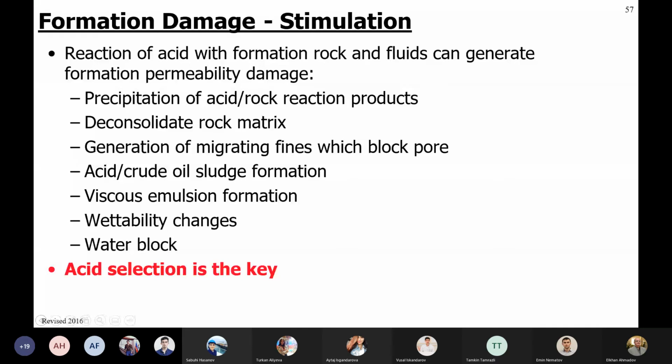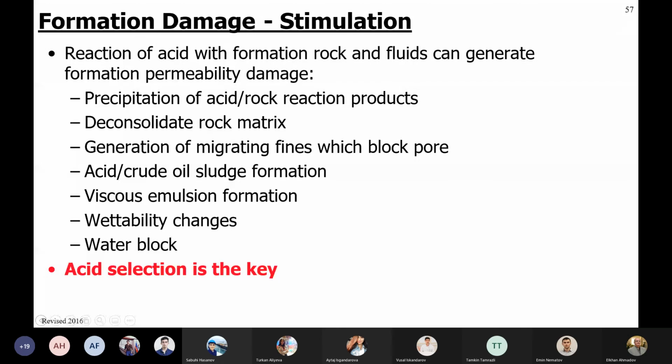Some acids and some types of crude oil, depending on the physical and chemical properties, may form a sludge, which is a very high viscosity amorphous fluid, and that will again cause the blockage of the flow paths.